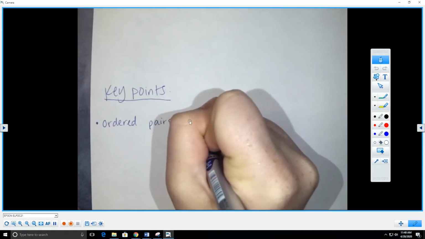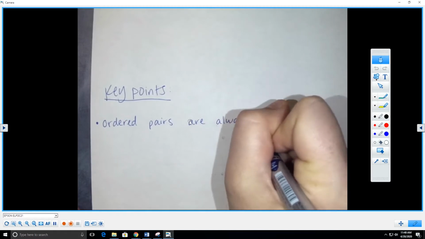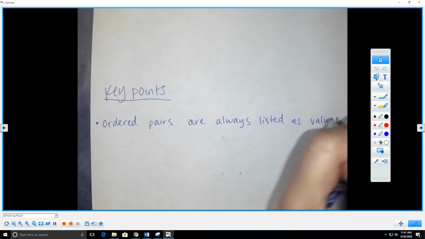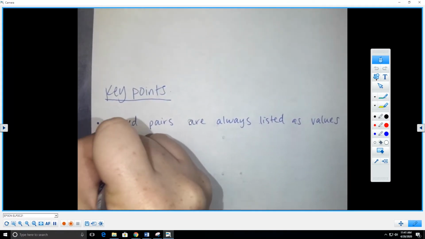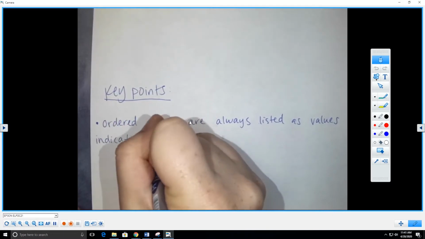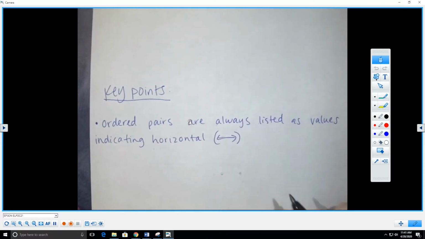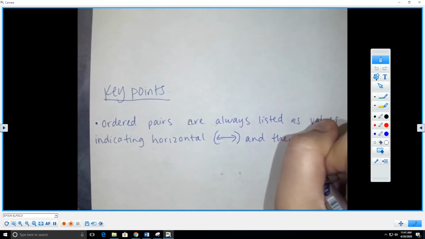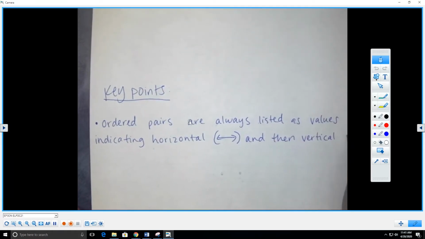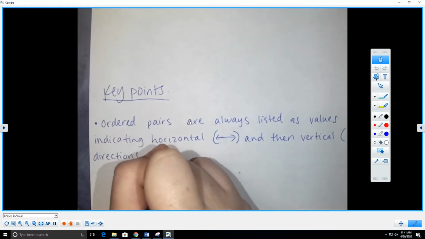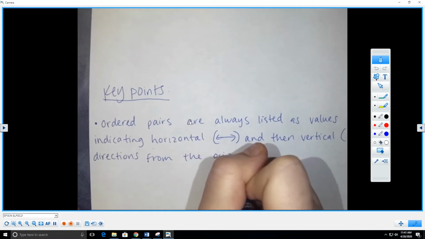Ordered pairs are always listed as values indicating horizontal and then vertical directions from the origin.